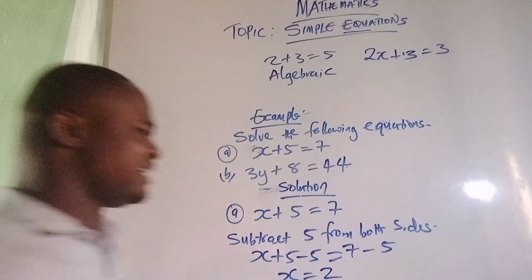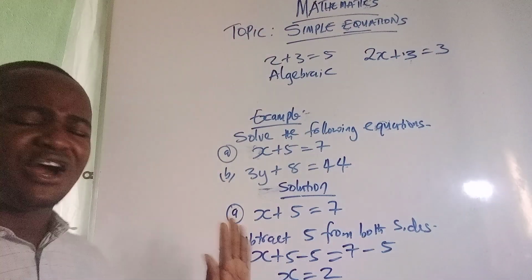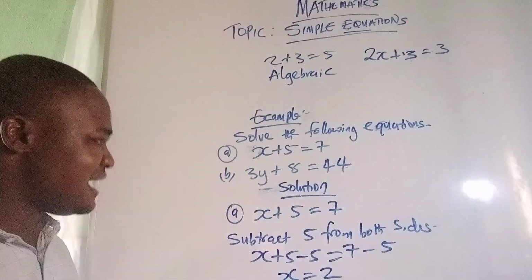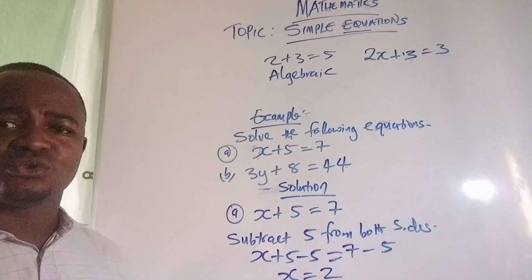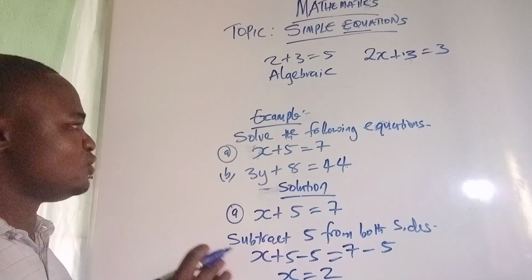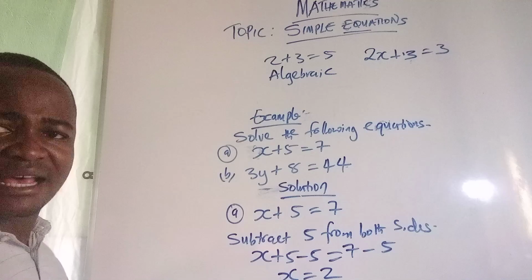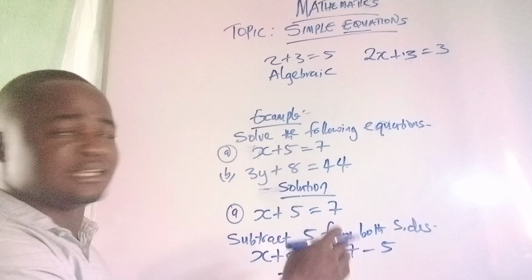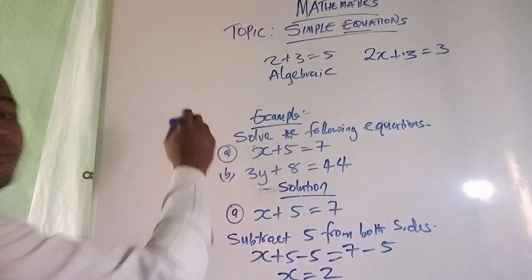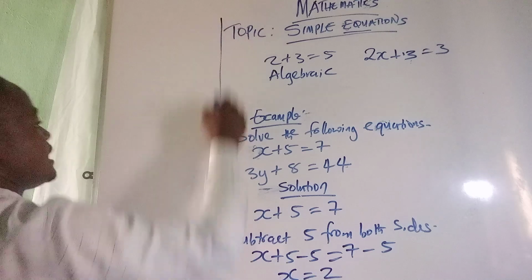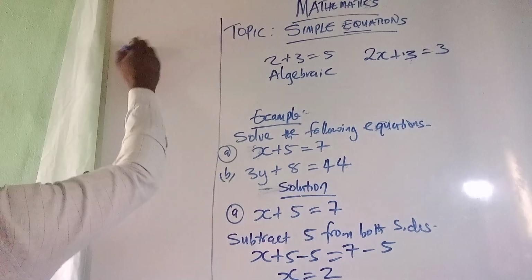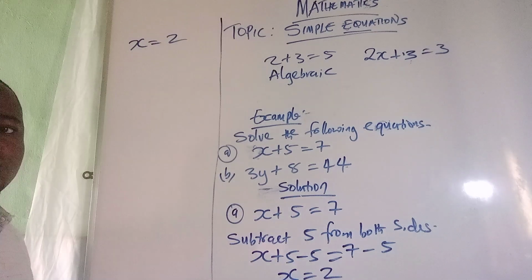So x is now alone on the left hand side, and I have my answer on the right hand side. There is nothing to simplify here again. So x is equal to 2.